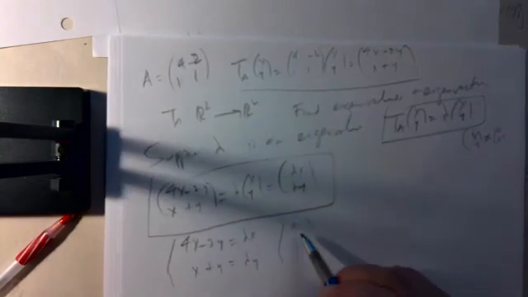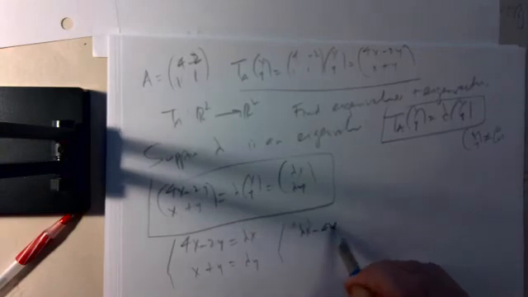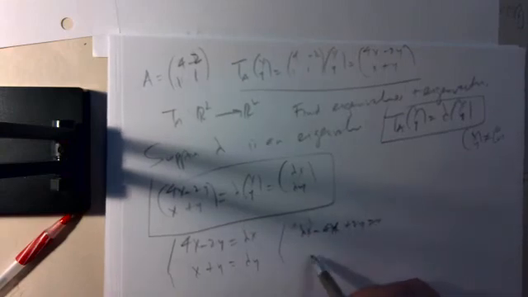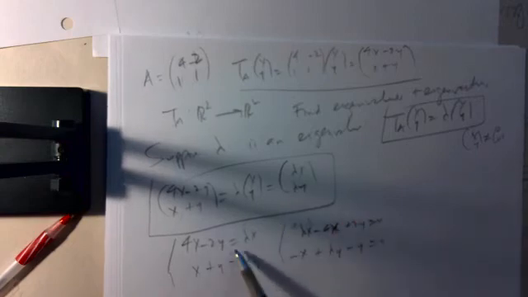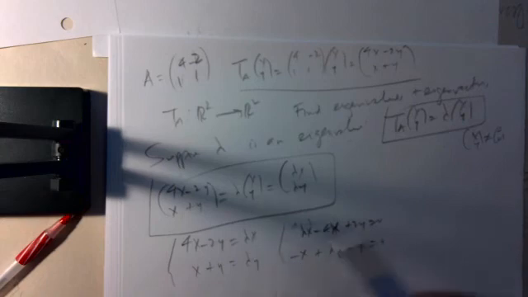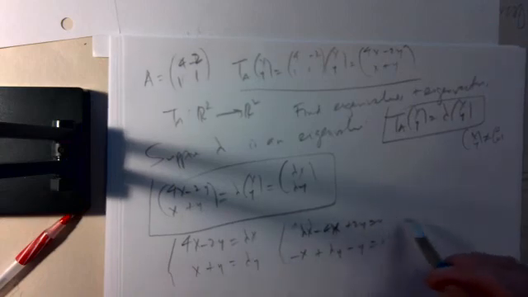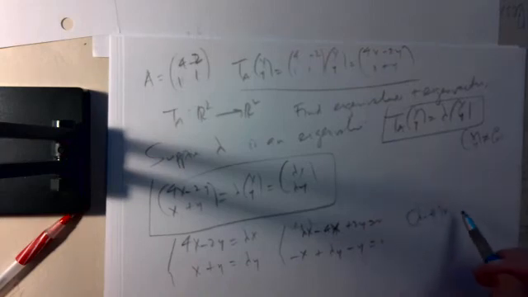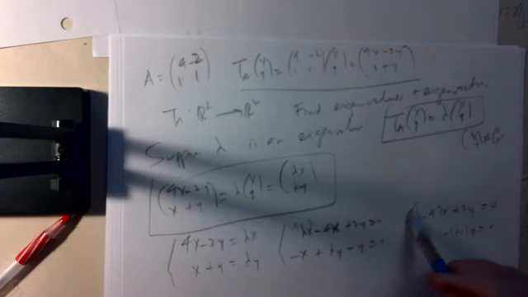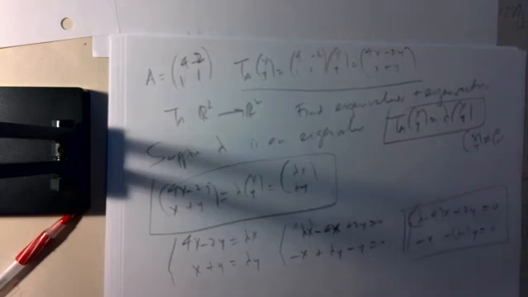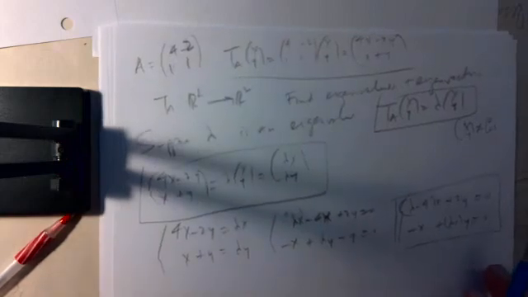This is the same as lambda x minus 4x plus 2y equals 0, and minus x plus lambda y minus y equals 0. This is really (lambda minus 4) times x plus 2y equals 0, and minus x plus (lambda minus 1) y equals 0. So I want to know whether I can find for some lambda non-zero x and y's that satisfy this equation.